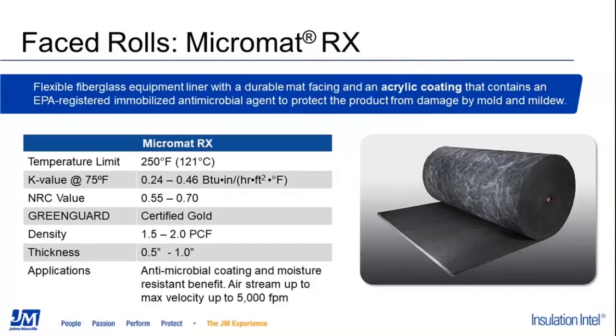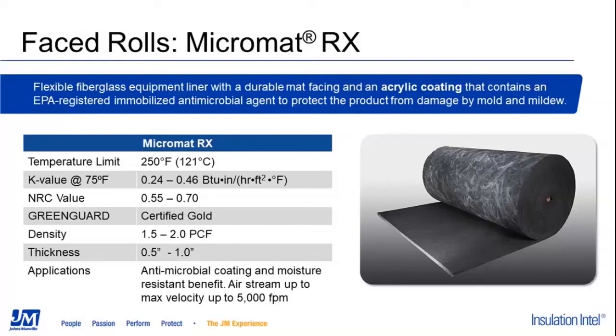Micromat RX is our flexible fiberglass equipment liner with a durable matte facing and an acrylic coating that contains an EPA-registered immobilized antimicrobial agent to protect the product from damage by mold and mildew. The temperature limit remains the same as the other products we've talked about. You can see the thermal and acoustic values. Of special note to Micromat RX, this is a GreenGuard certified gold product.